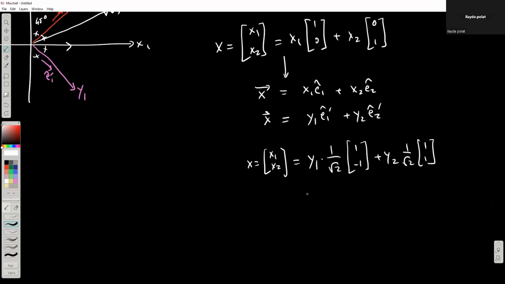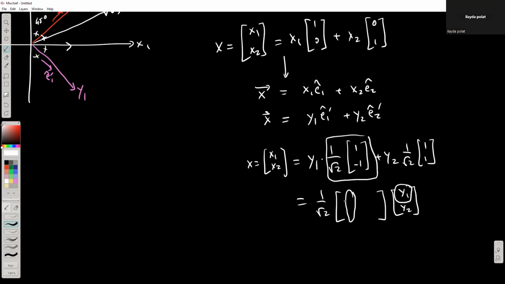Okay. I can think of this as some kind of a matrix expression, right? So it's like a 2 by 2 matrix multiplied with a vector with coordinates y1 and y2. Let's just keep in mind that this y1 is multiplied with the first column in here, which means that I need to place this vector into the first column.